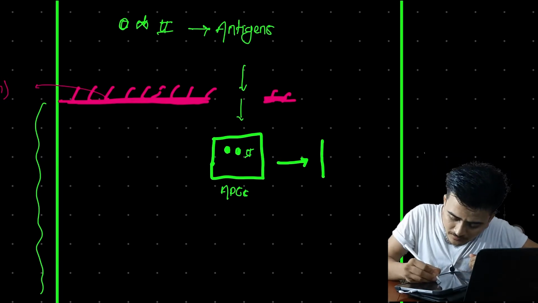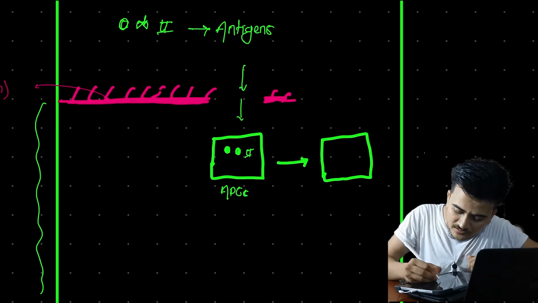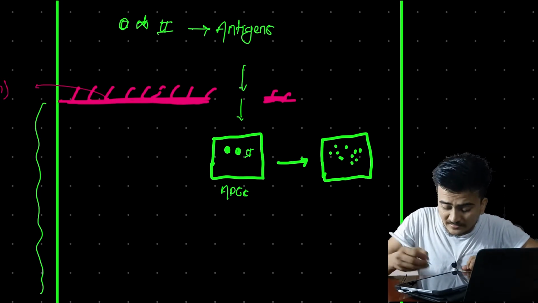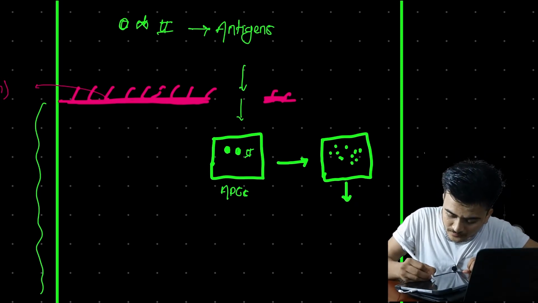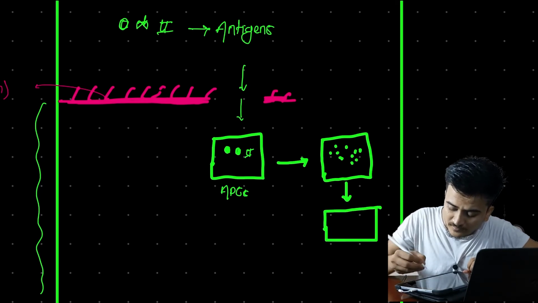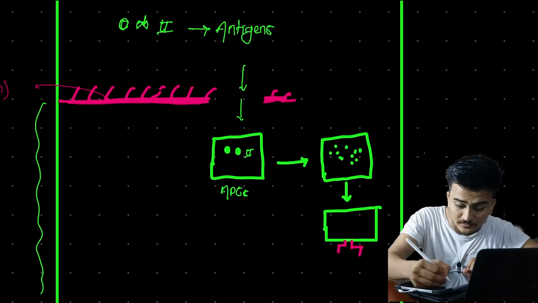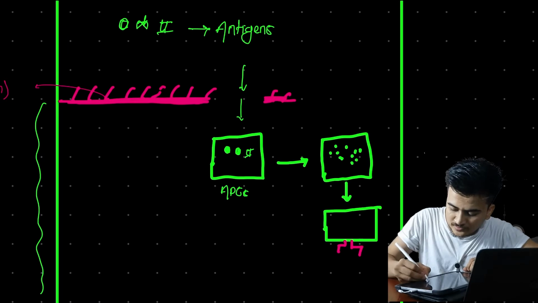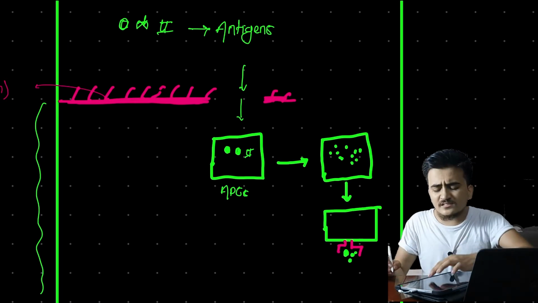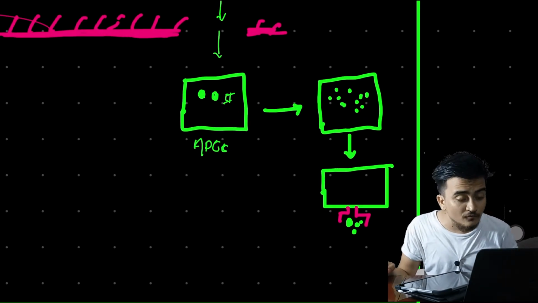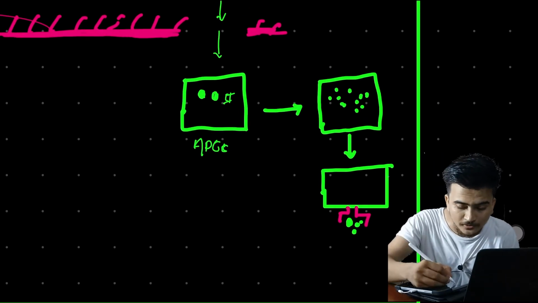That means they will break down these antigens into smaller peptides, and after breaking down into smaller peptides, they will express these antigens on their surface. These small peptides of antigen will be expressed on the surface with the help of what? With the help of MHC molecule.